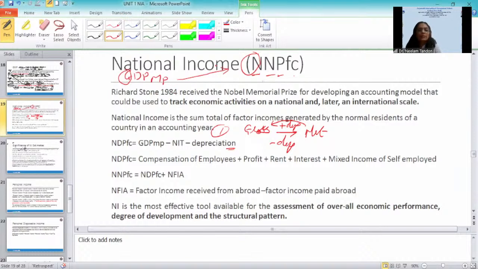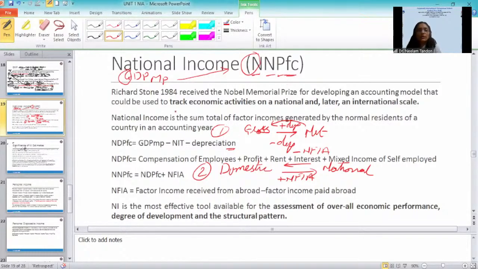When you go from domestic to national, what do you have to do? You have to add NFIA. And if you go this way, then you deduct NFIA. Isn't it? So domestic to national, you add NFIA. Number two. Number three is factor cost.